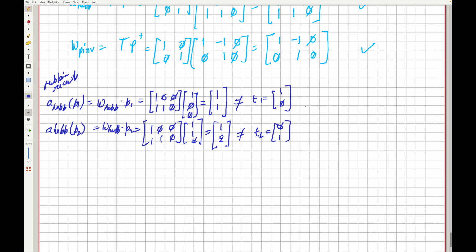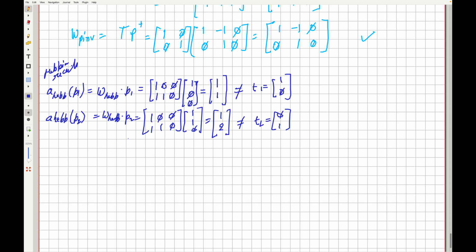So as you can see, in both these cases the recall is not perfect, so there is interference from P2 in this case and P1 in this case.